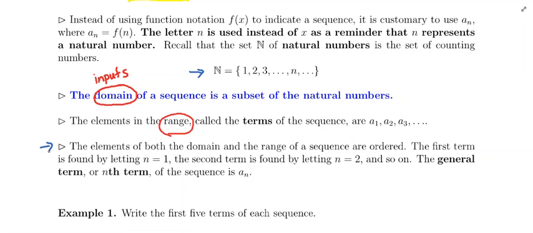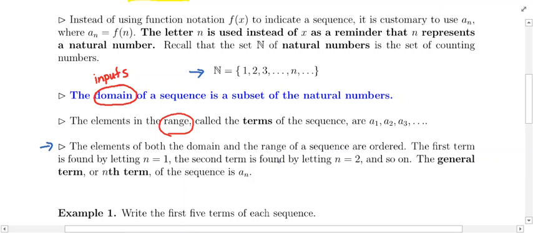In general, the general term or the nth term of the sequence is a_n. Okay, so for the sequence that we just looked at, the general term, the nth term of the sequence is a_n is equal to n squared plus n. Okay, that's how you can generate any term in the sequence.